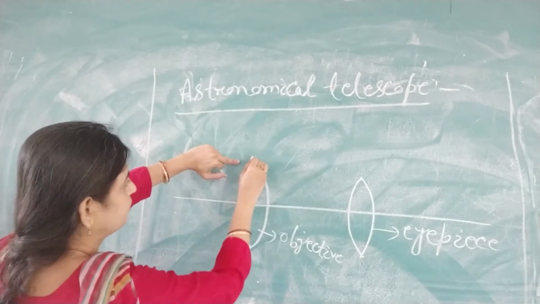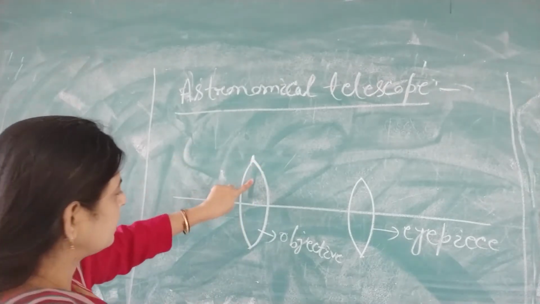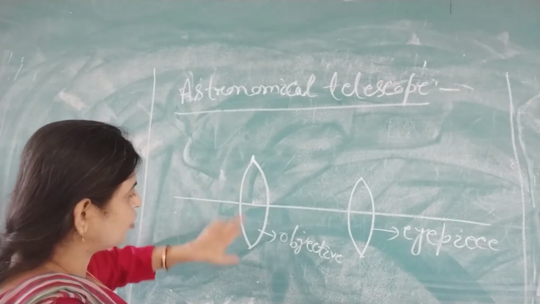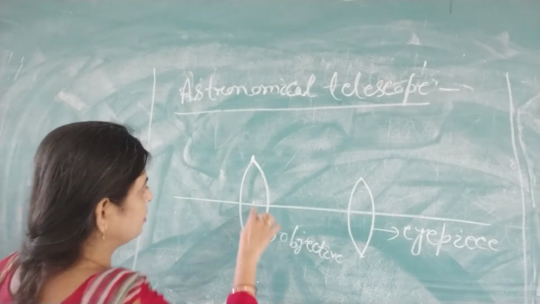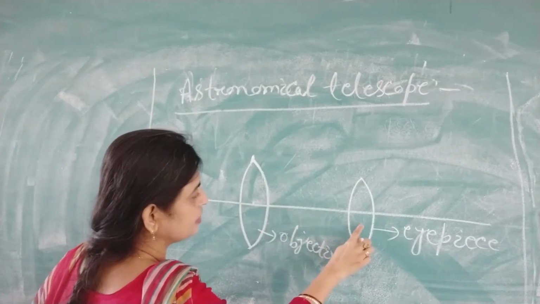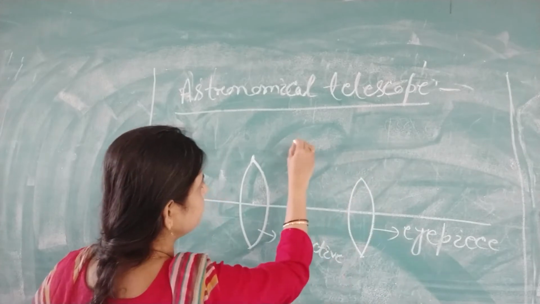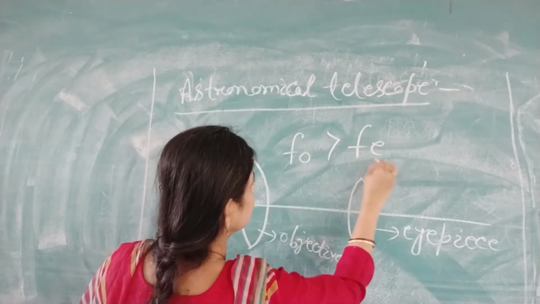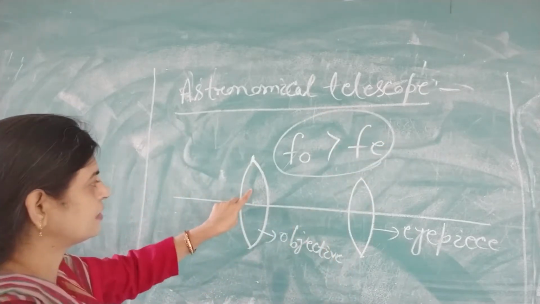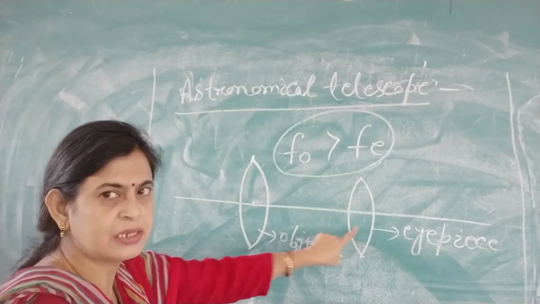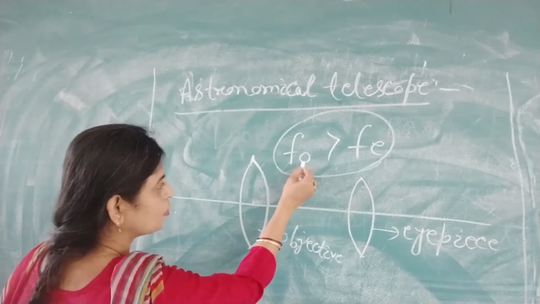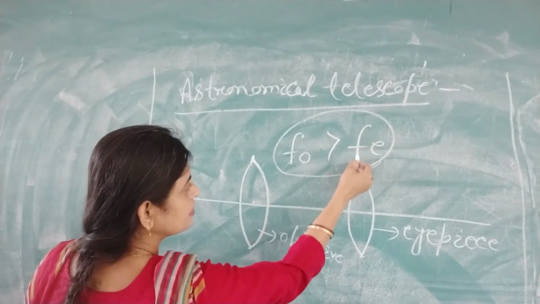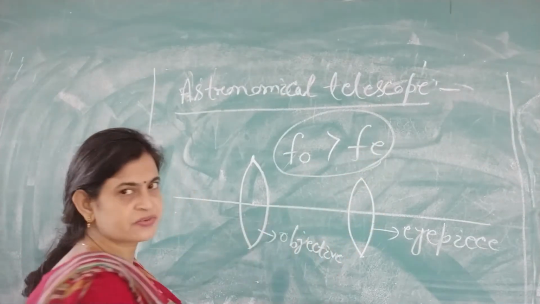Now, the focal length and the aperture of the objective will be greater than the focal length of the eyepiece. That means we can write FO is greater than FE, where FO is the focal length of the objective and FE is the focal length of the eyepiece. Why?